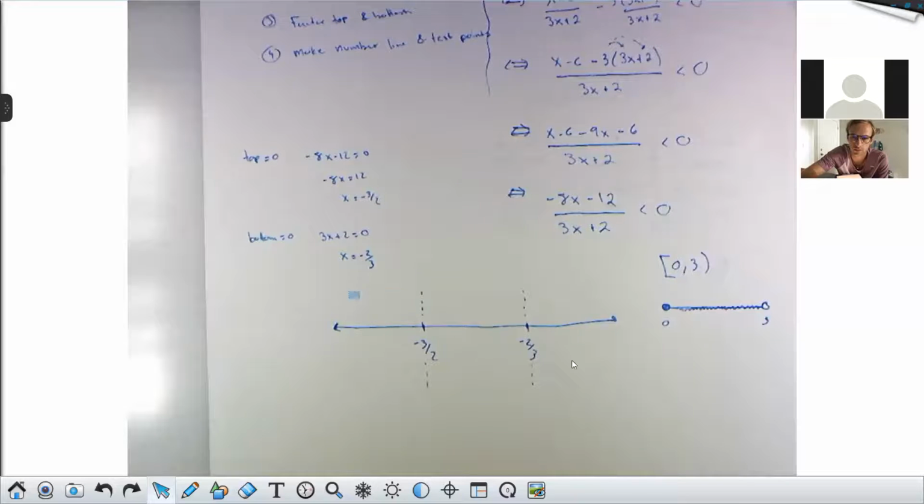So whatever solution we were to get out for this particular guy, because he's a strictly less than, I'm not even in a situation where I need to worry about including the endpoints, because these endpoints are necessarily places where this function is either 0 or undefined. And the places where the function is 0 might be interesting to us if this was a less than or equal to. Okay. But since it's a strictly less than, I'm not interested in places where this is equal to 0. And I'm certainly not interested in places where it's undefined.